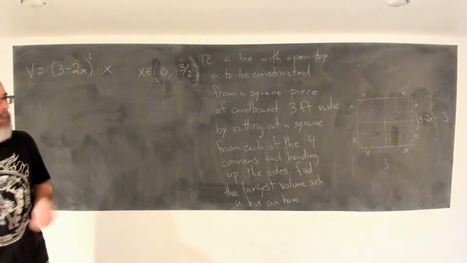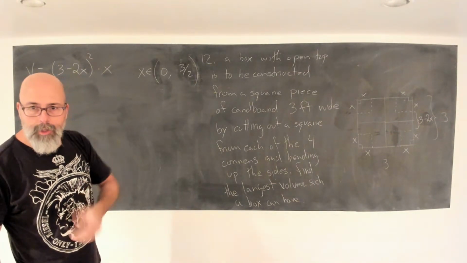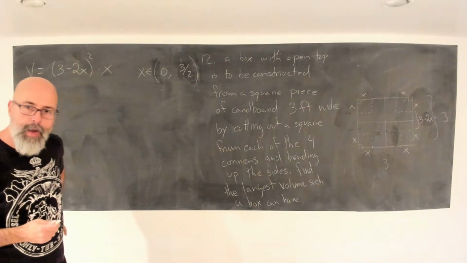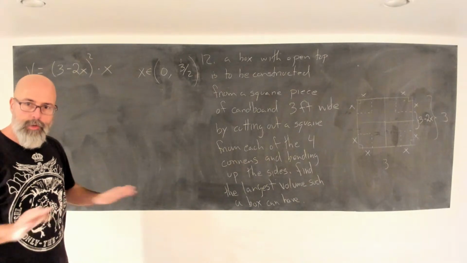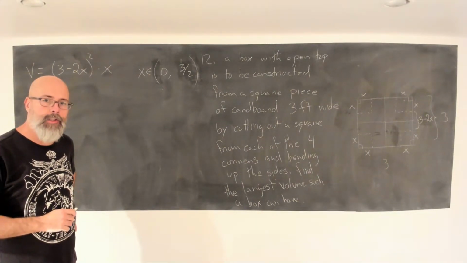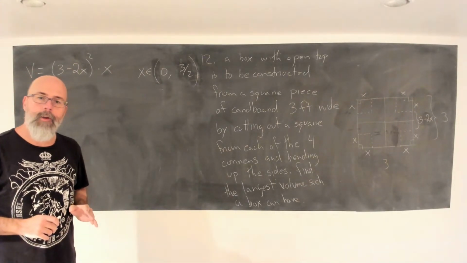I like to go with closed because, as you know, a continuous function on a closed and bounded interval attains an absolute max and an absolute min. So you're guaranteed that. On an open interval, you're not guaranteed that.